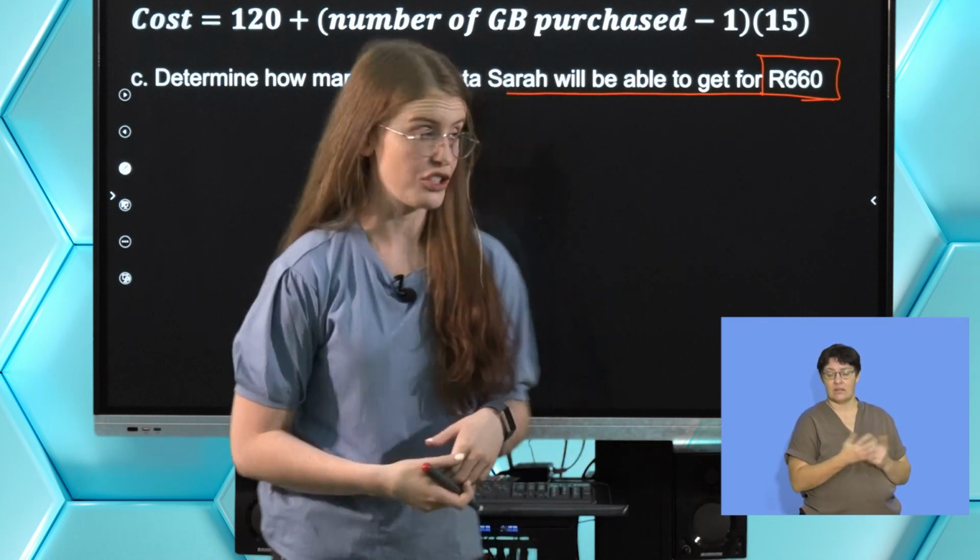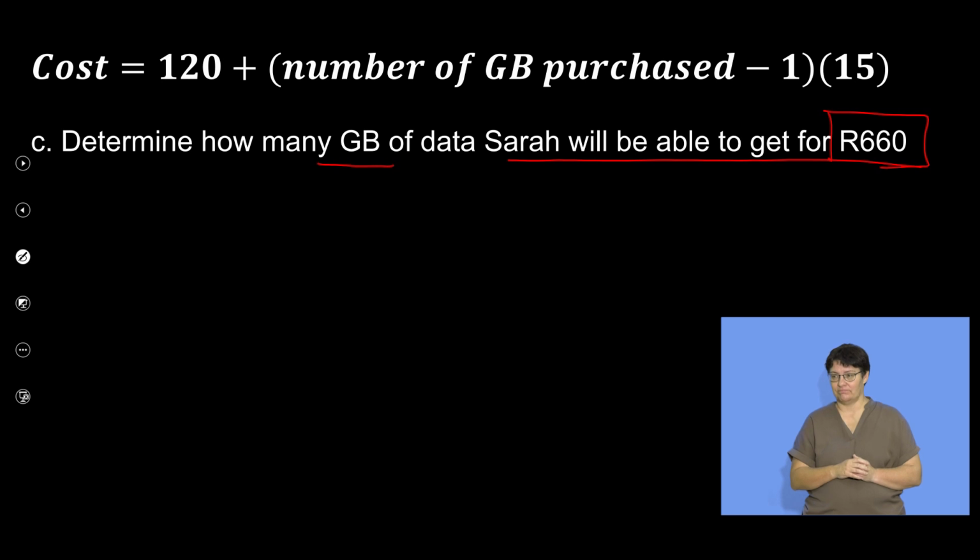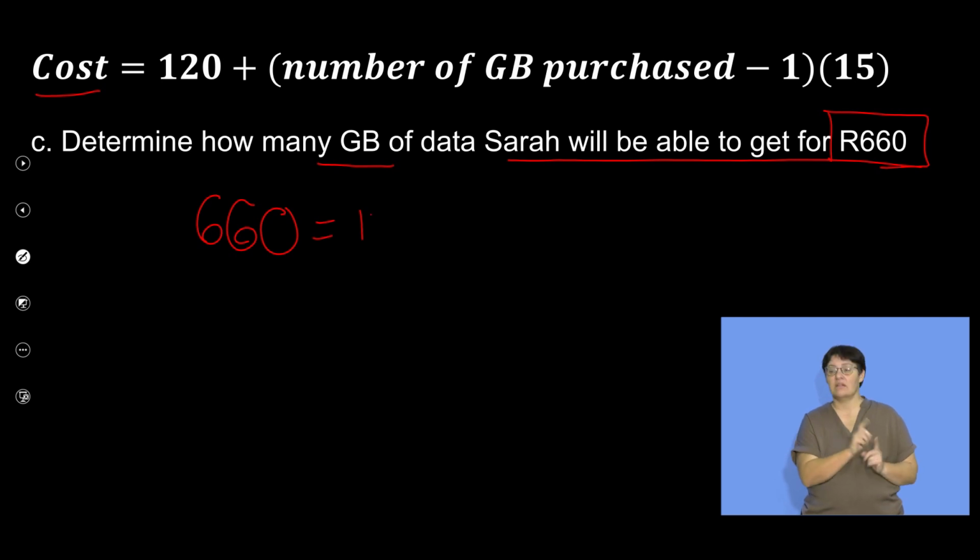Let's go back to the example. So we're going to have 660 Rand substituted in for my cost, which will be equal to 120 plus the number of gigabytes. We don't know how many gigabytes she's purchased, minus 1 times 15.